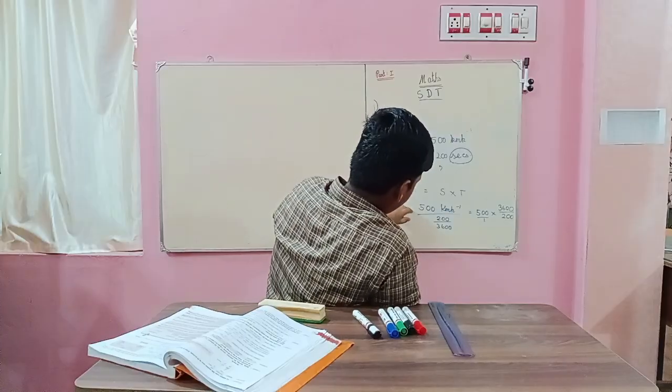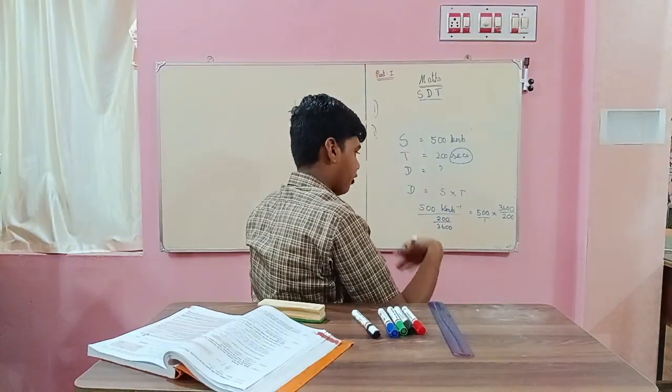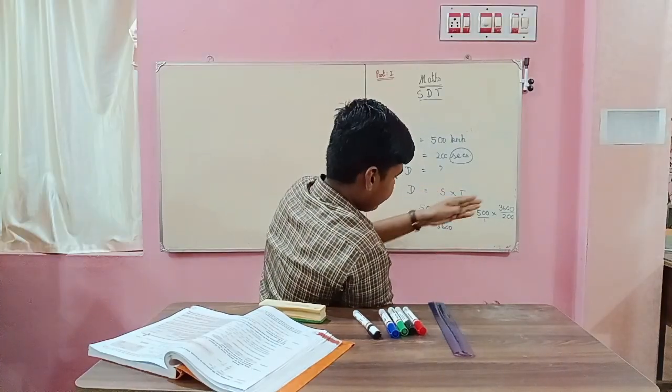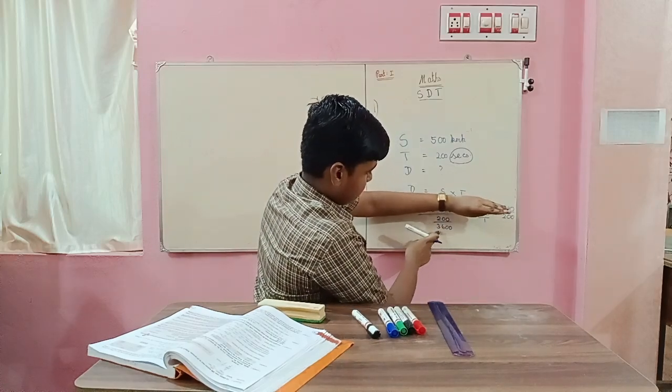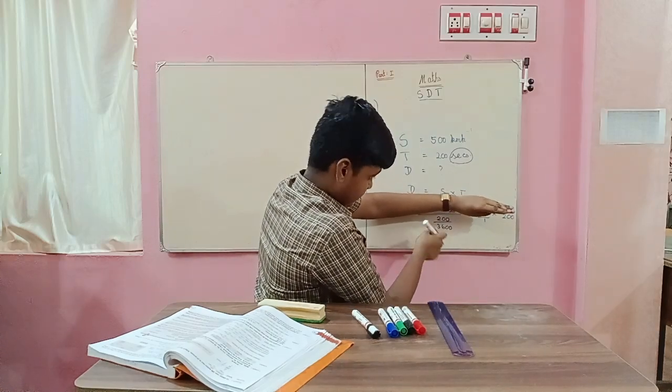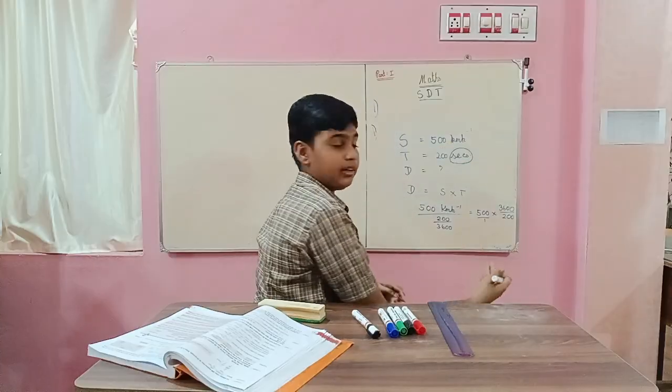Okay, so it's simple, but if you don't like to do the formula this way, you can do it like this. Just hide this. So 200 by 3600. Solve this and then do the thing.